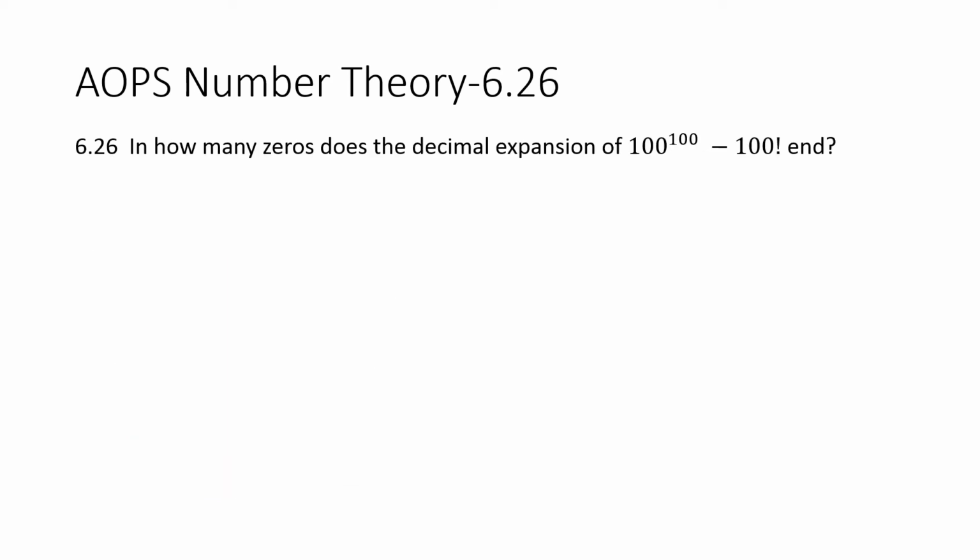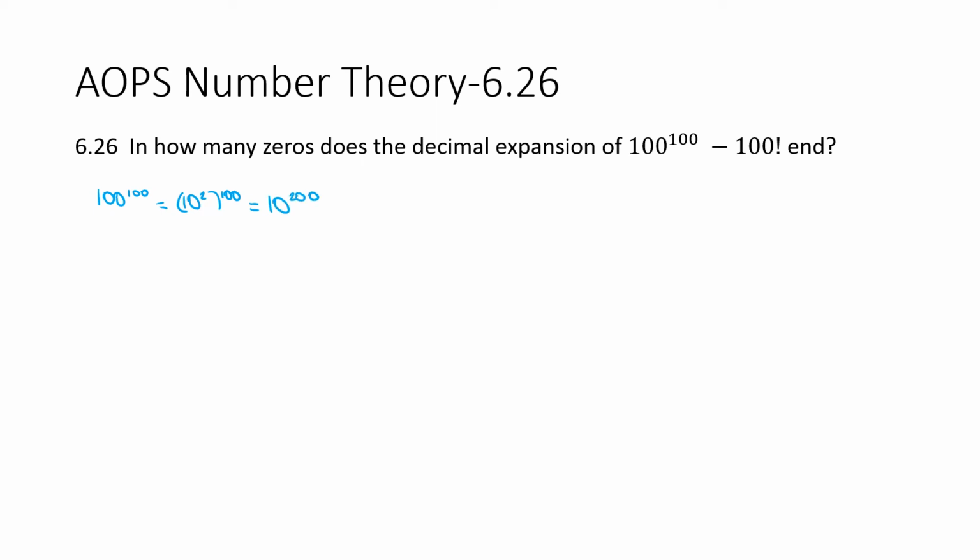AOPS number theory 6.26. How many zeros does the decimal expansion of 100 to the power of 100 minus factorial 100 end in? So 100 to the power of 100 is equal to 10 to the power of 2 to the power of 100, which is equal to 10 to the power of 200.